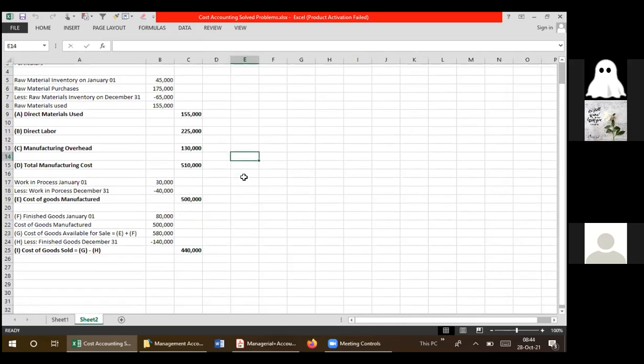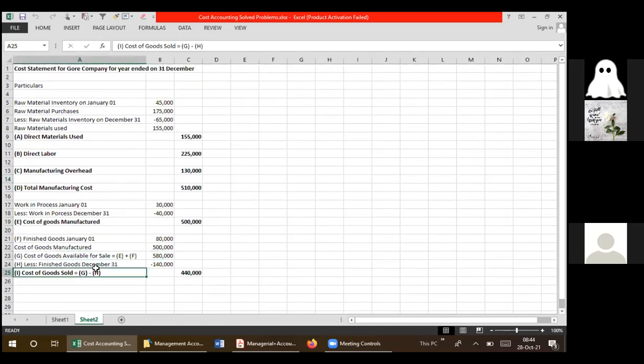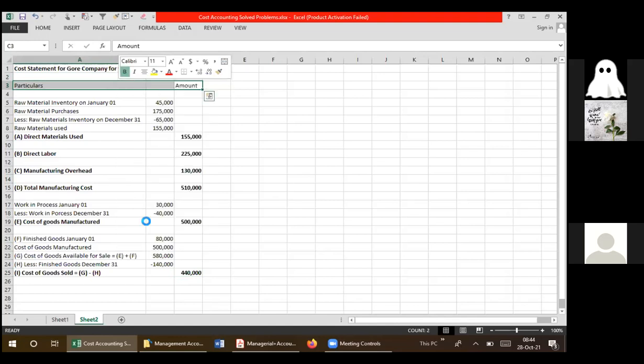Whereas we have created it in such a way that it only shows the cost. So by keeping it in this way, you only see the cost. So we only have the amount and the costs here.